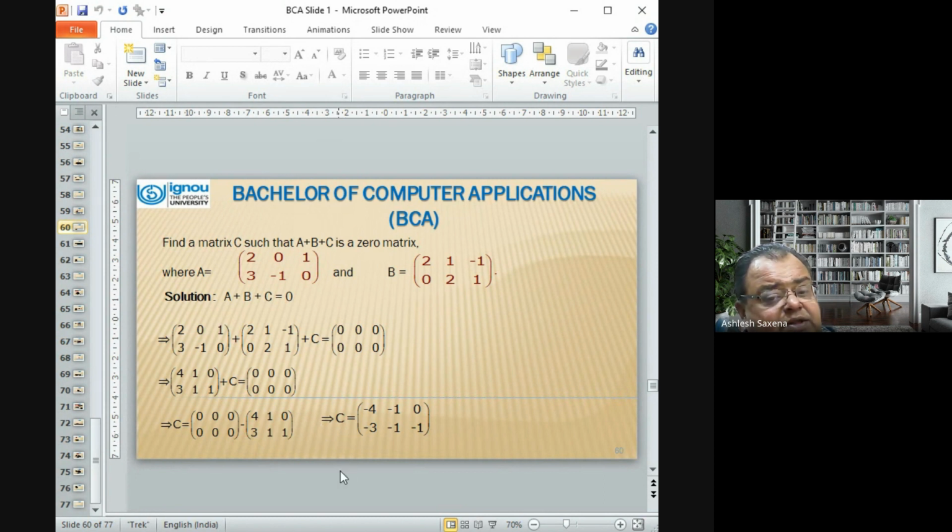This is the answer C. You can see that the order of matrix C is the same as the order of A and B. What is the order of matrix C?